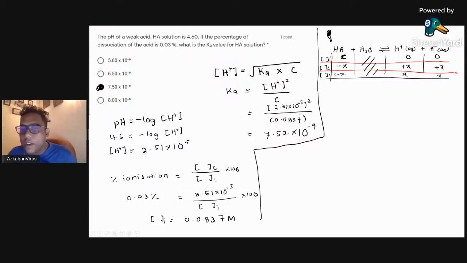Punca kuasa tu dapat mana? Tu kejap lagi saya tunjuk. Sampai dapat ice table boleh faham?